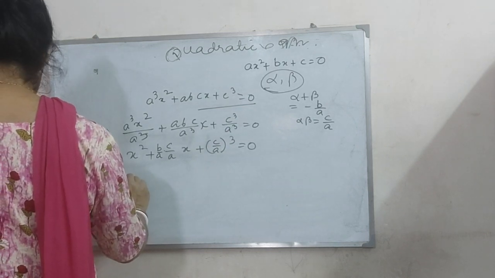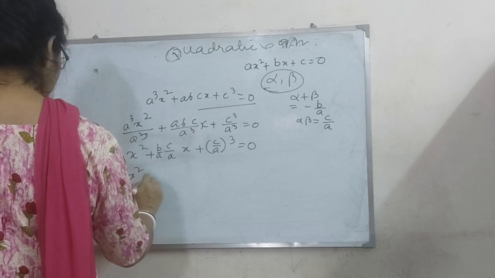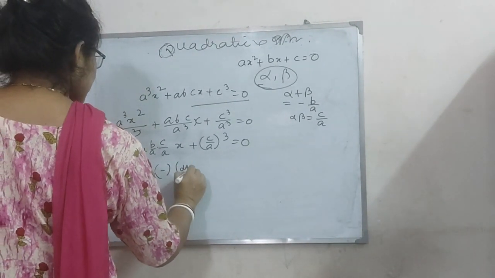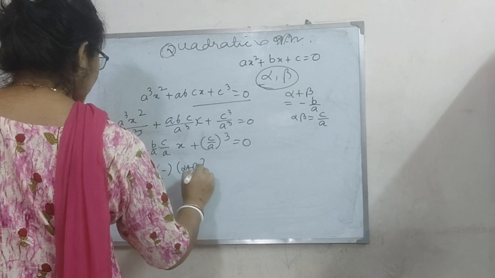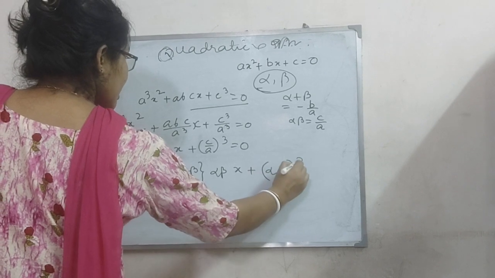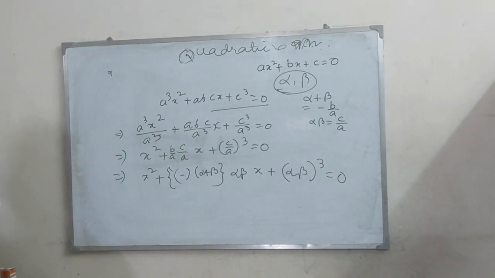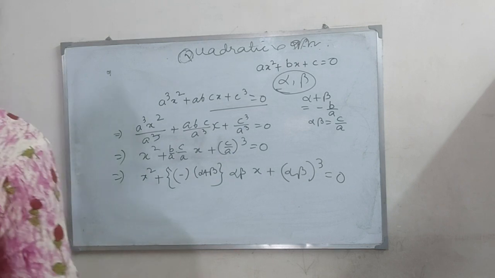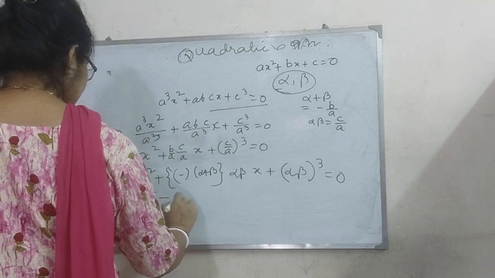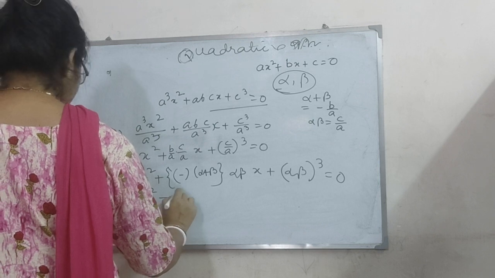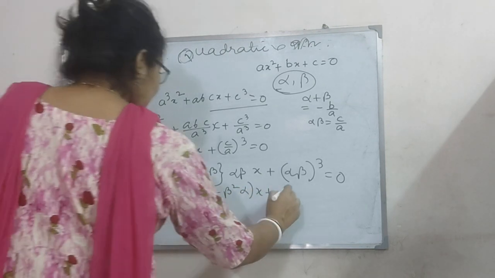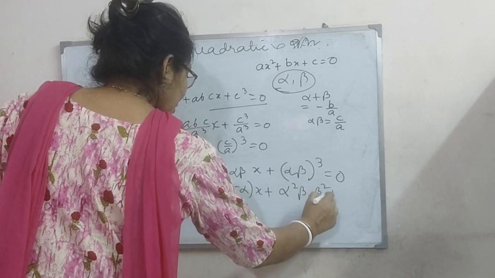So this can be written in this way: b by a equal to minus (alpha plus beta), and c by a equal to alpha beta, so x square minus (alpha square beta plus beta square alpha) x plus (alpha beta) whole cube equal to 0.